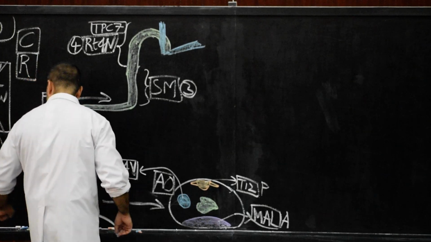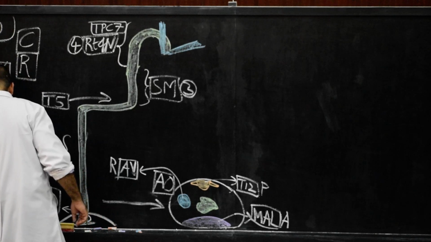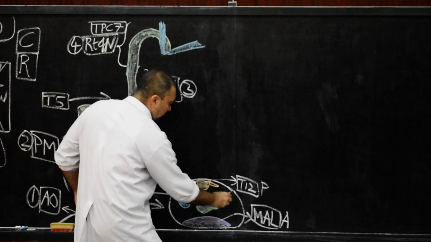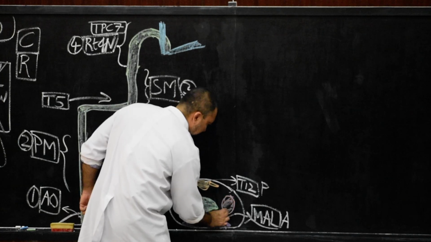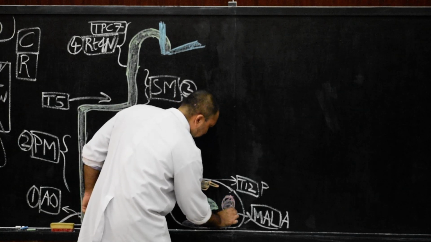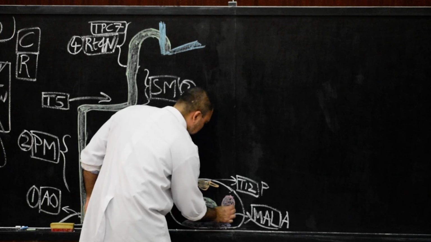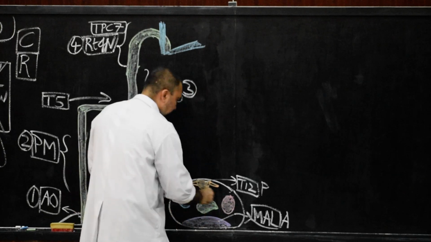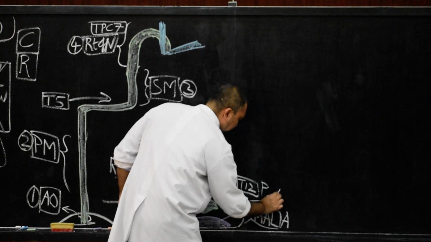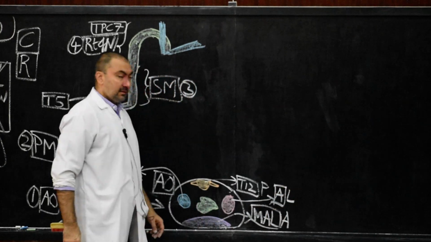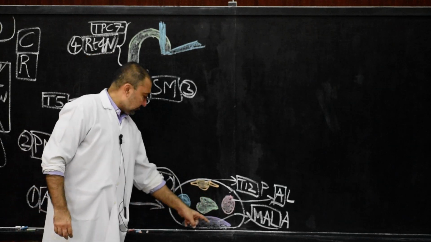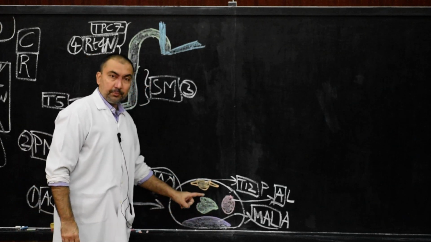And on the left side there will be presence of aorta. So I am going to draw the aorta on the left side, and I am going to mark this as aorta, and write here left. So these are the relations of the thoracic duct at the level of aortic opening.